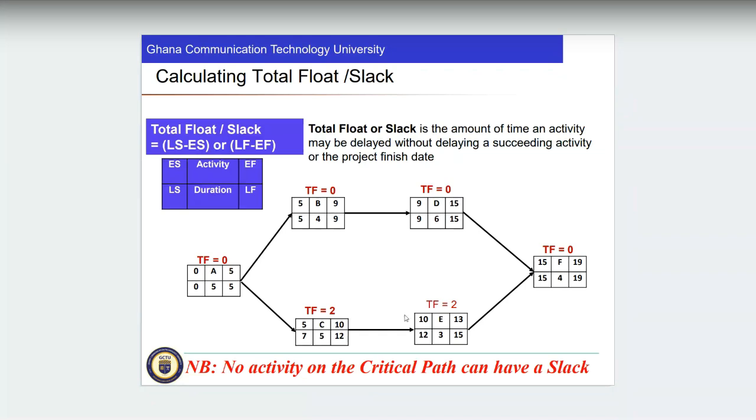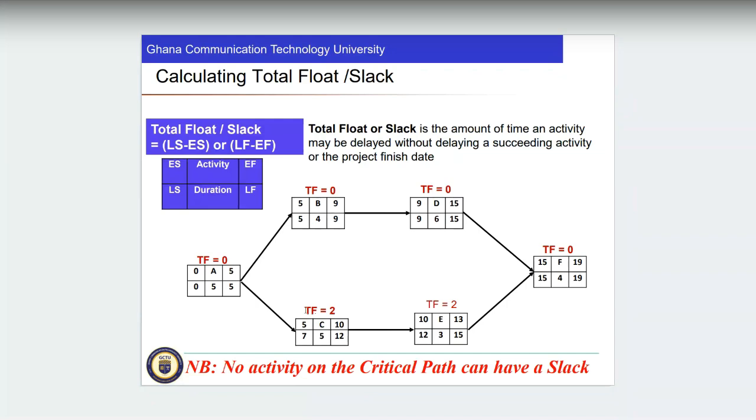But assuming that here and here are 0, 0, meaning any delay will affect the project. Because this and this are delays in activities, anything that happens is not going to affect the project date.